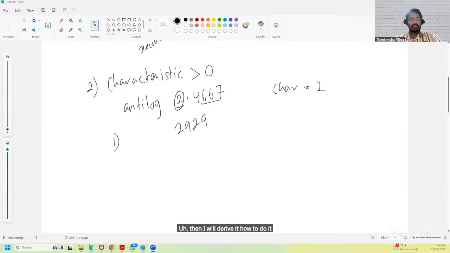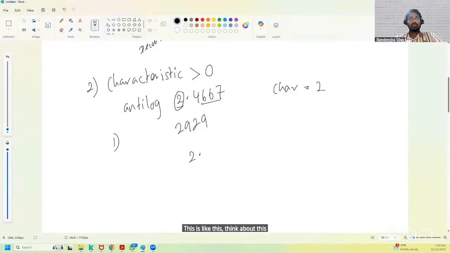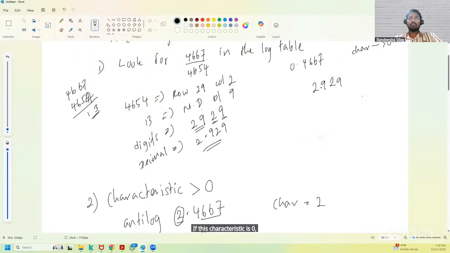So the characteristic is 2. Then this tells us the number should be written in scientific notation like this: 2.929 times 10 to the power 2. If this characteristic is 0, it will be the same, but 10 to the power 0.